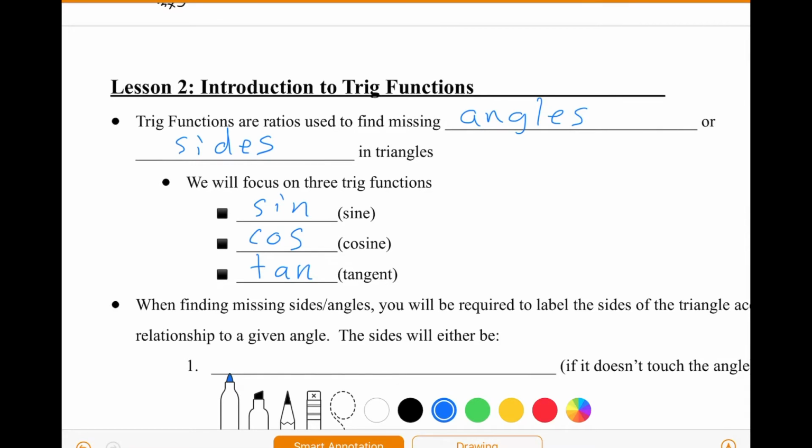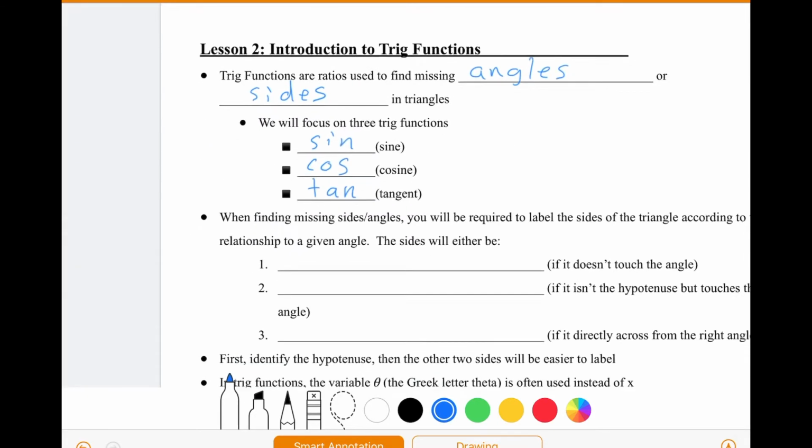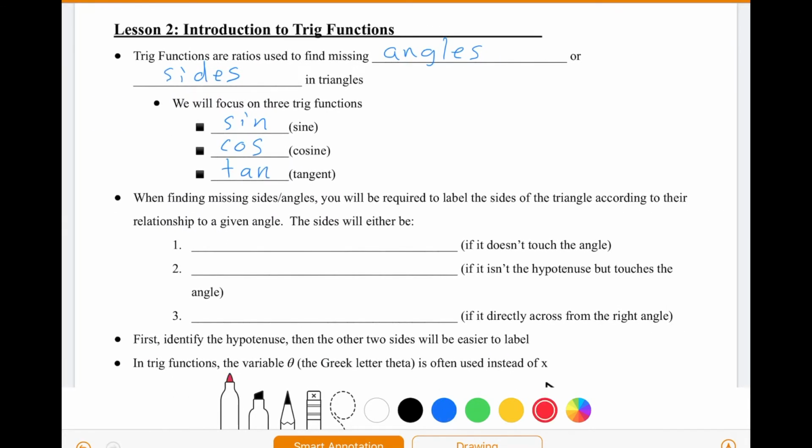When finding missing sides or angles, you will be required to label the sides of the triangle according to their relationship to a given angle. So every single time you're going to be given an angle and you're going to have to determine what the sides are according to that angle.